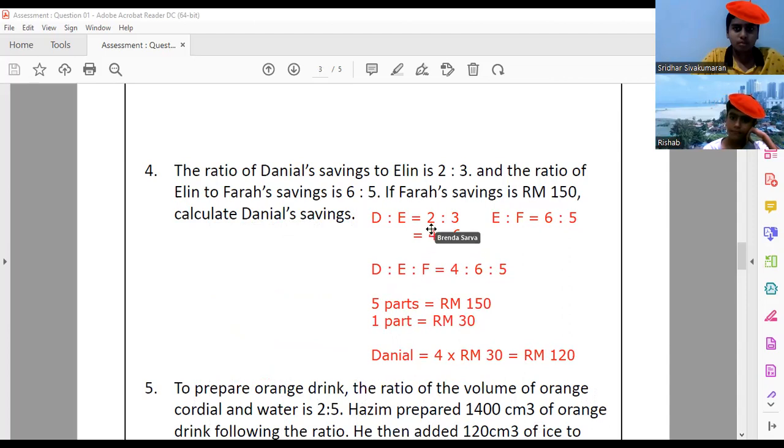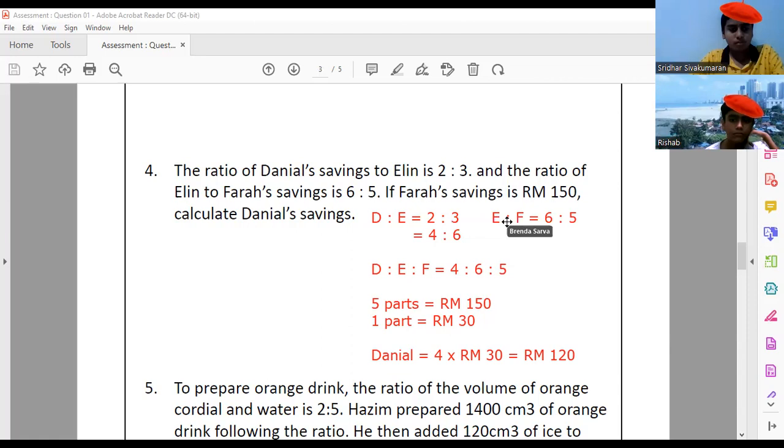Okay? That is why earlier you had these questions where you needed to equalize the ratios. Make it the same, make it comparable by multiplying. And now you can write it all together, just like the PQR earlier we were doing. Now it's DEF. The ratio of Daniel to Eileen to Farah is 4 to 6 to 5.